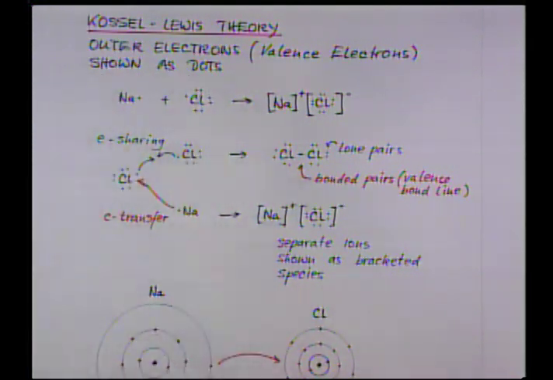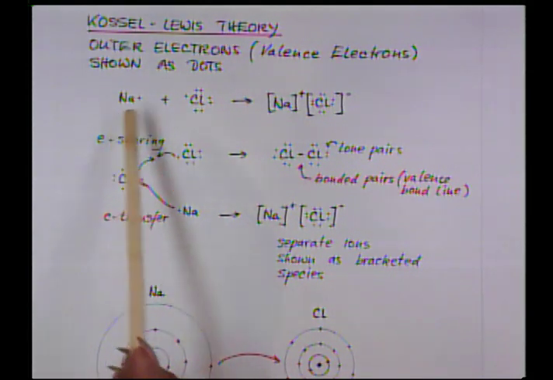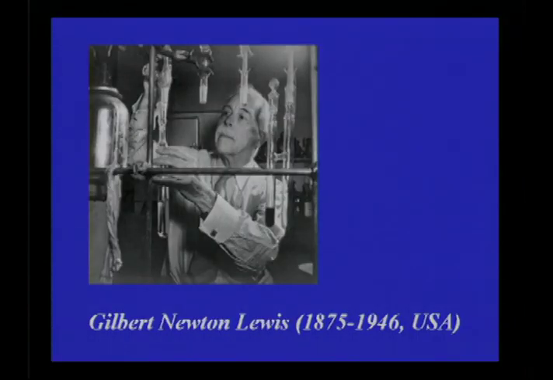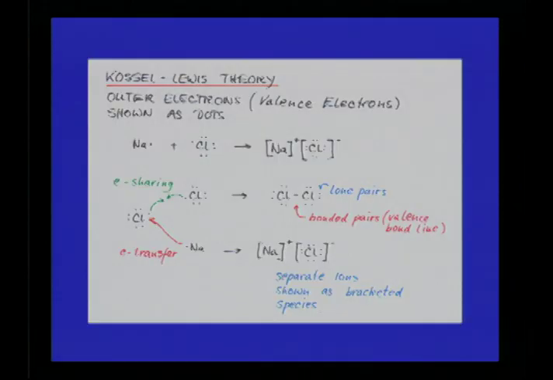That means the outer electrons are shown as dots in our elementary symbol. And remember, when we transfer electrons, then here's a picture of Lewis, by the way. And if we transfer electrons, then we have ions.